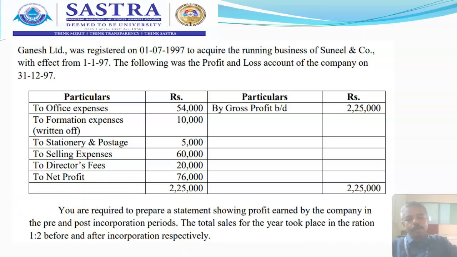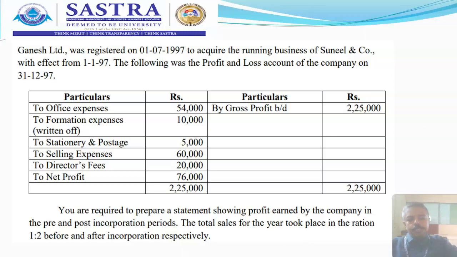It can only be allocated. It never happens before the incorporation. Since it has the nature of being incurred only after the incorporation, only after the registration of the company, this director fees of rupees 20,000 needs to be allocated directly to the post-incorporation period.